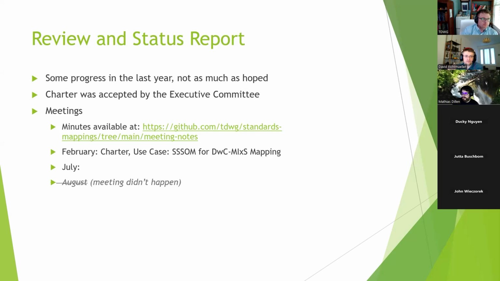And during the February session, we discussed the charter, and we looked at the use case of triple SOM for the Darwin Core mix mappings. And in July, we started working on the tasks laid out by the charter, the working plan, in particular the survey.